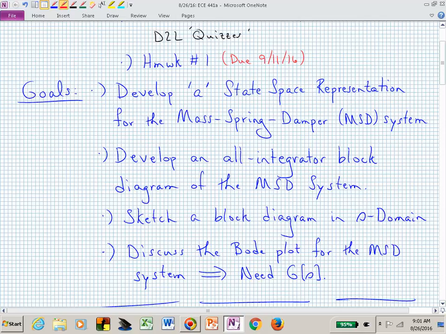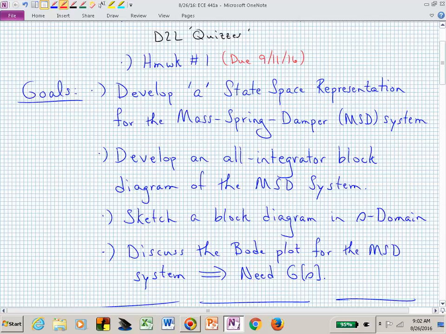Then we will immediately connect that with an all-integrator block diagram, and it should be very easy to make that connection. If it's all-integrator, that's in the time domain, and we can quickly sketch a block diagram that has exactly the same structure in the frequency domain, or the S domain, and we'll do that.